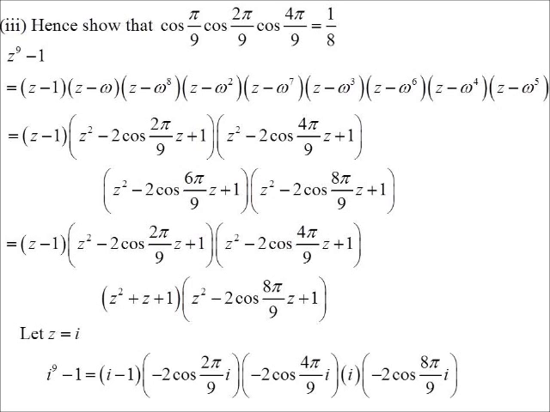We're going to let z equal i. If we sub i in, we will get this. i to the power of 9 minus 1 is equal to i minus 1 minus 2 cos 2 pi on 9 i minus 2 cos 4 pi on 9 i minus 2 cos 8 pi on 9 i. Because all of these z squared plus 1s become 0, I'm just left with the middle term in each case.